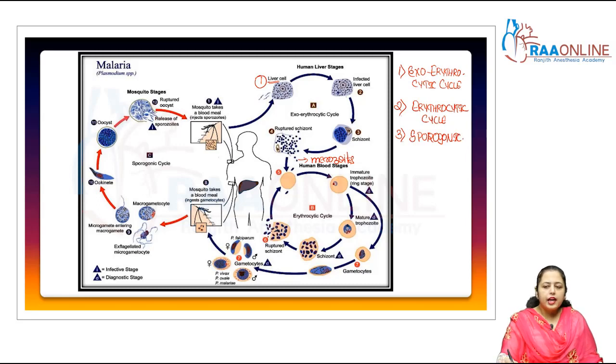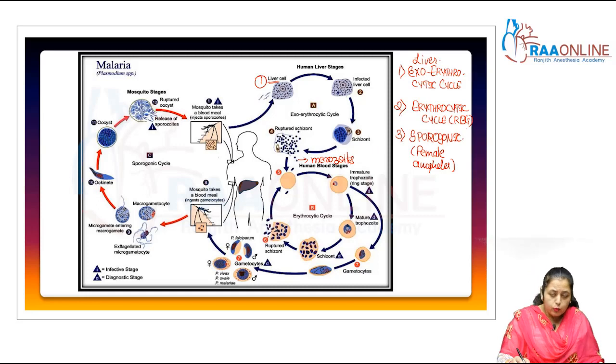In the exoerythrocytic cycle, the liver cell is infected. In the erythrocytic cycle, the RBC is infected. The sporogonic cycle occurs in the female Anopheles, right? Clear? So now what will happen here?